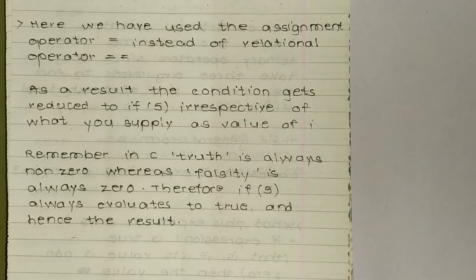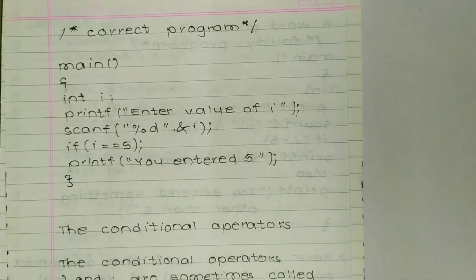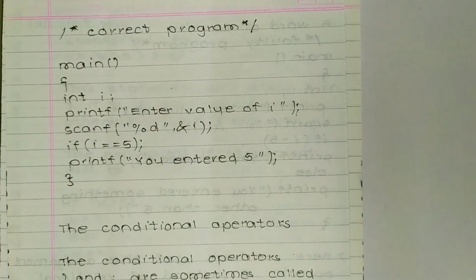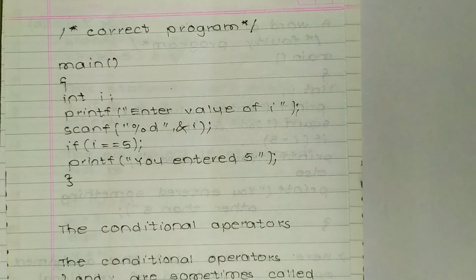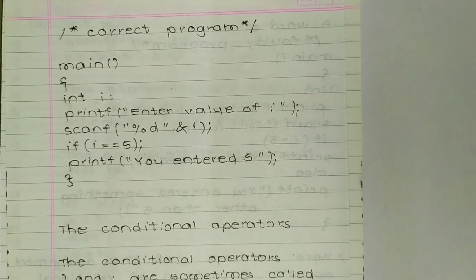Now we will discuss the correct program. This is a correct program. In this main is used. After main, bracket open, int I, I is an integer. Now printf, enter value of I, that is we are telling the user to enter the value of I. Now scanf, %d comma ampersand I, because %d is used as I is an integer.